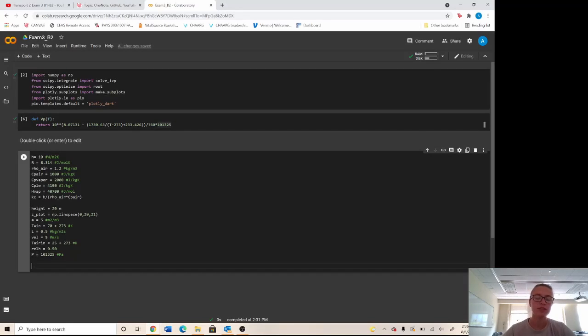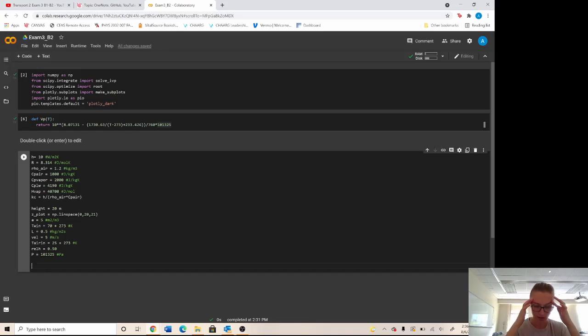So now that we have created a function for the vapor pressure at any given temperature, we need to solve for the mole fraction of the air going in, and then also the gas flow rate of the air.